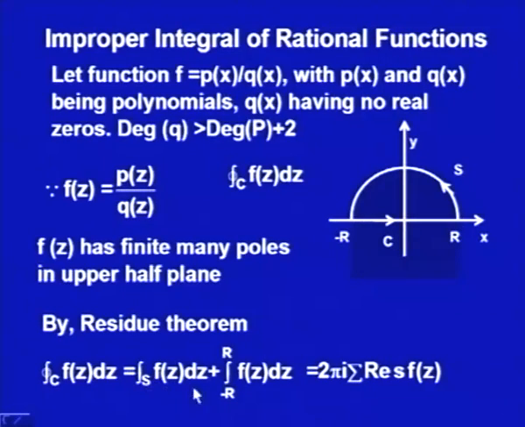The plan is that we will show that as r approaches infinity, the integral of this function f(z) along this semicircle S approaches 0. Then we could get the improper integral using the residue theory. So, let us see what we now want.